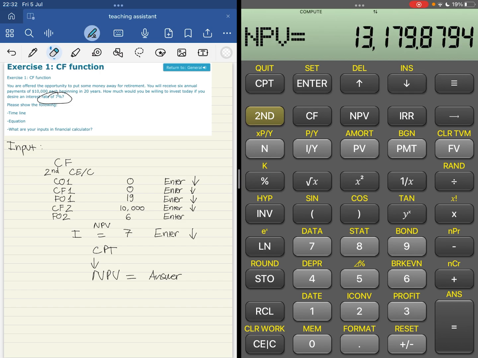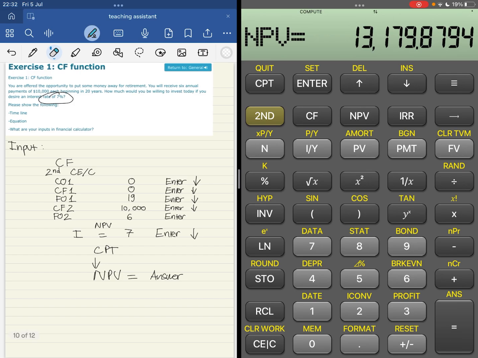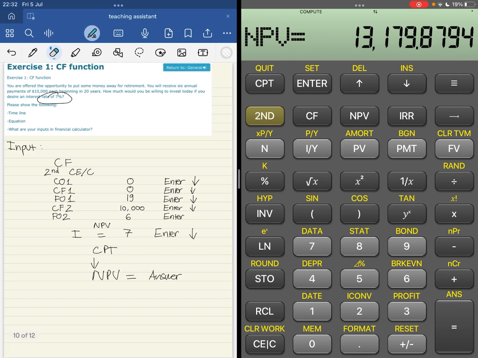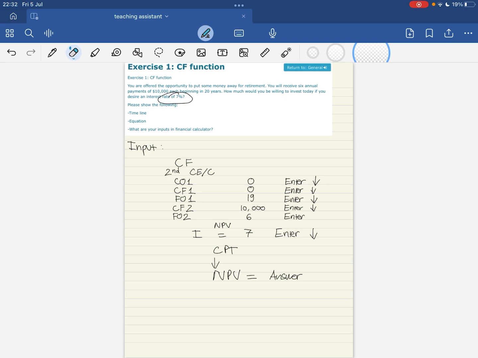Now we press CPT. And the answer that pops up is 13,179 USD. So the answer is PV equal to 13,179 US dollars.